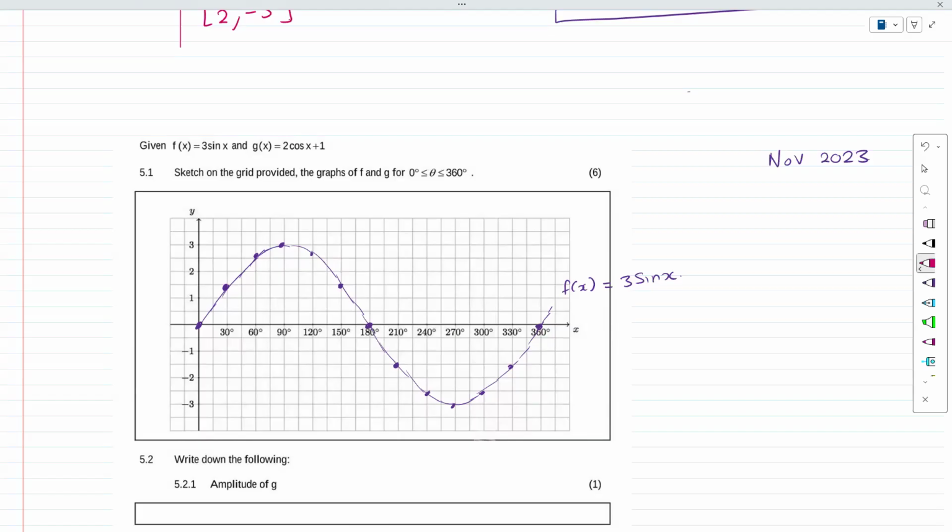We get 0 and 3. 30 and 2.732, 2.7 should be somewhere there. 60 and 2. 90 and 1. 120 and 0. 150 and minus 0.7. Guys, again, mine's not very accurate. 180 and minus 1.